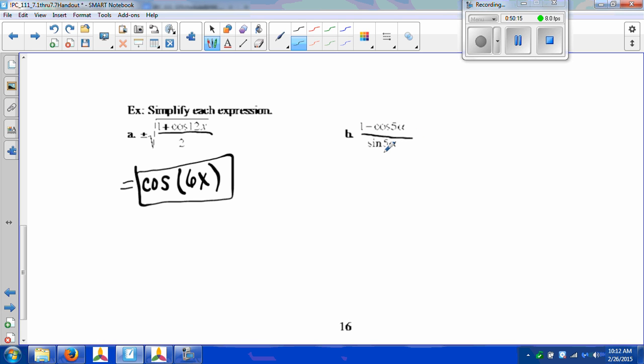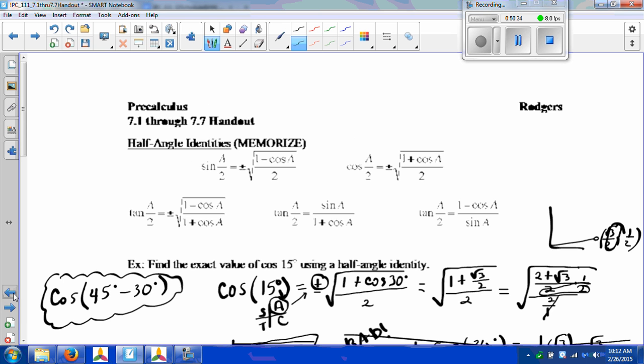All right. 1 minus the cosine of 5 alpha over the sine of 5 alpha. Well, I think that one is a tangent one. Let's go back and look at the formulas.